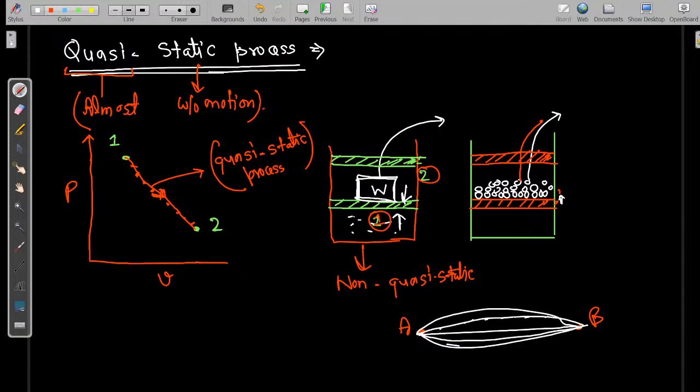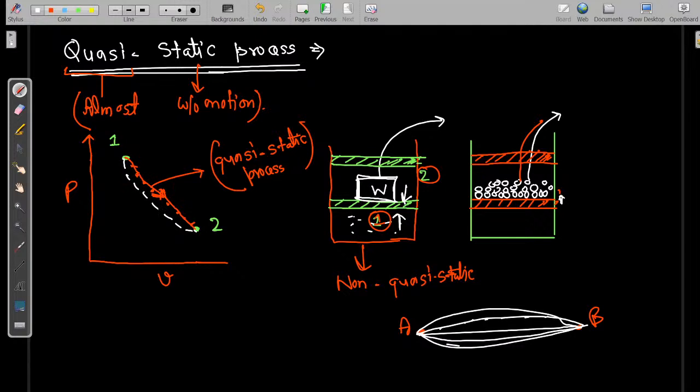For non-quasi-static processes, we don't define them by a continuous line, we define them by dashed lines, keep that in mind. On the other hand, a quasi-static process we denote through a continuous line.